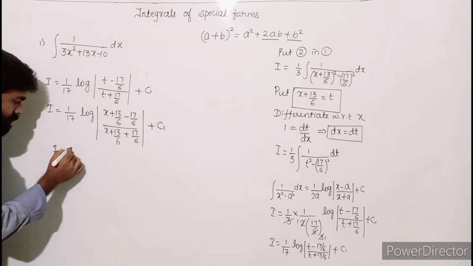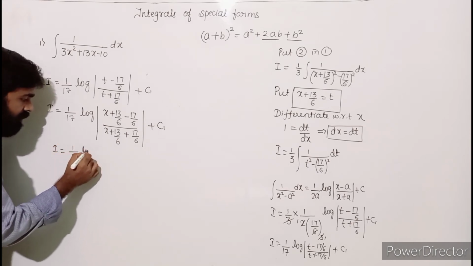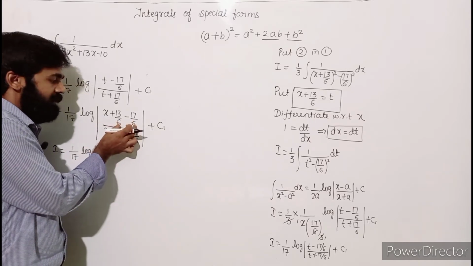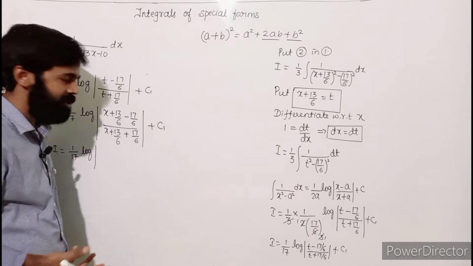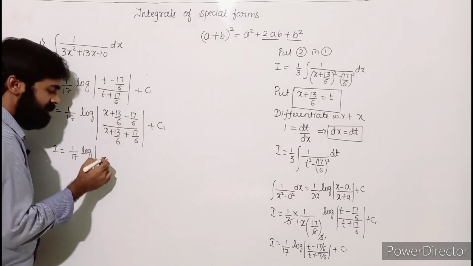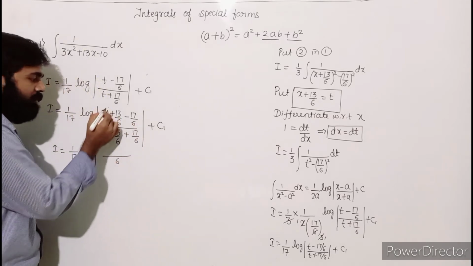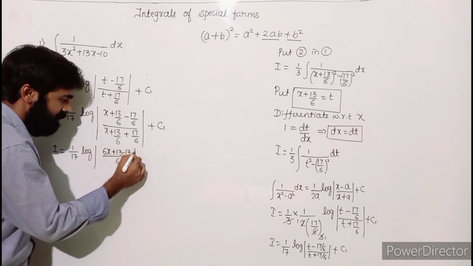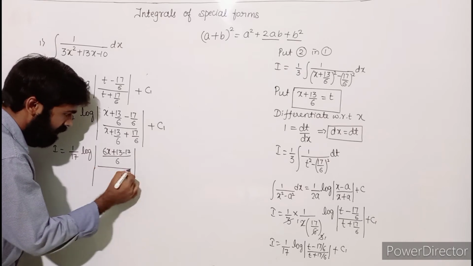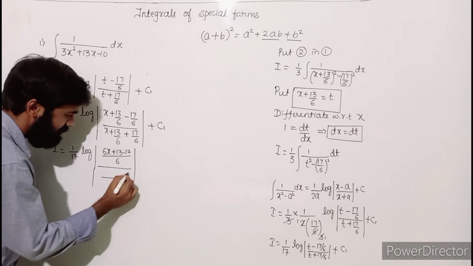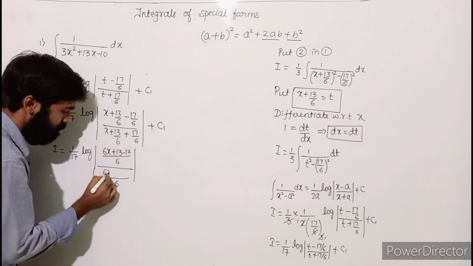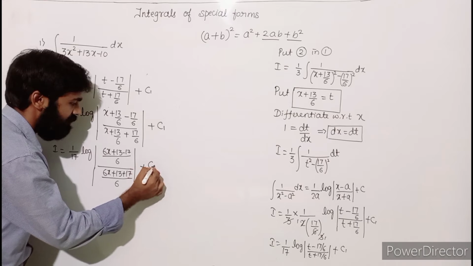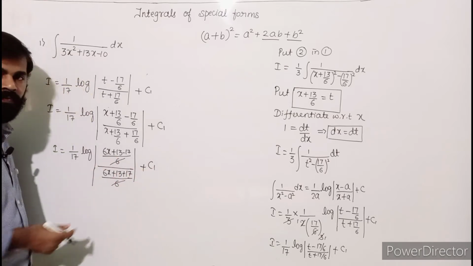Now I equals 1 by 17 log of mod of, take the LCM. LCM here is 6, here also LCM is 6. So if you take LCM, you get 6x plus 13 minus 17, whole divided by 6x plus 13 plus 17, plus constant of integration c1. 6 and 6 get cancelled.